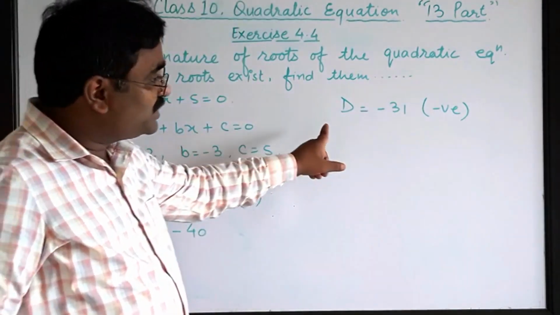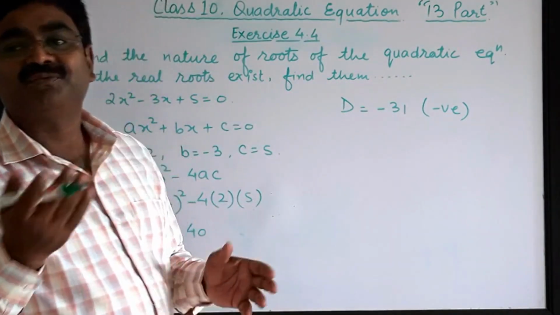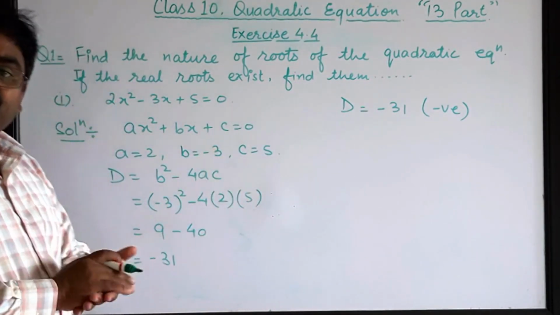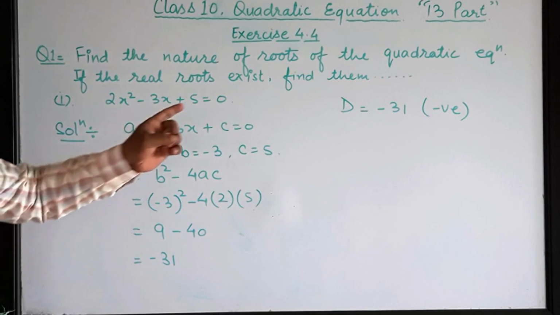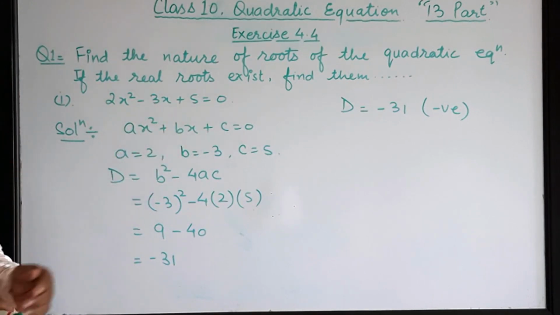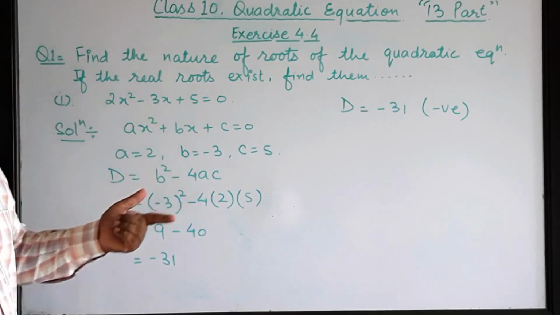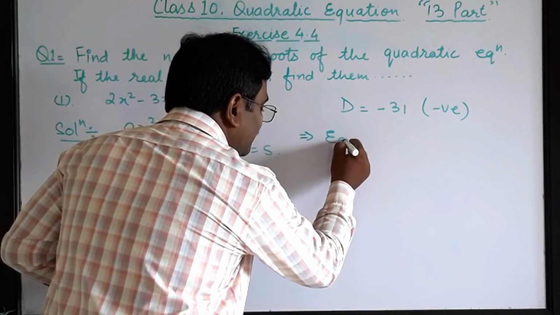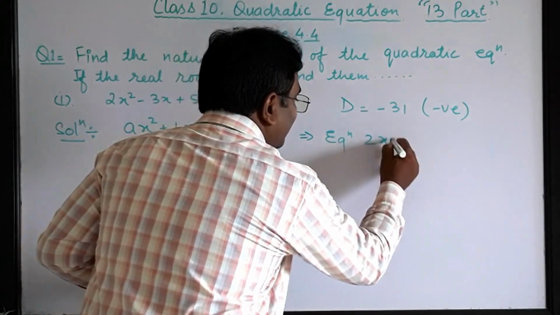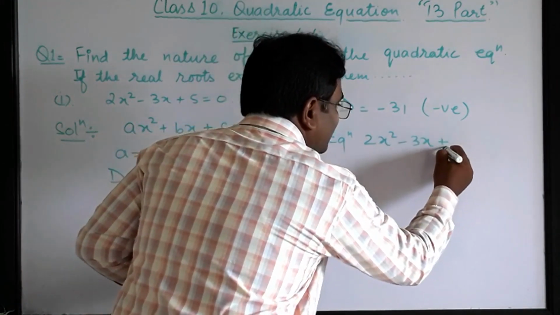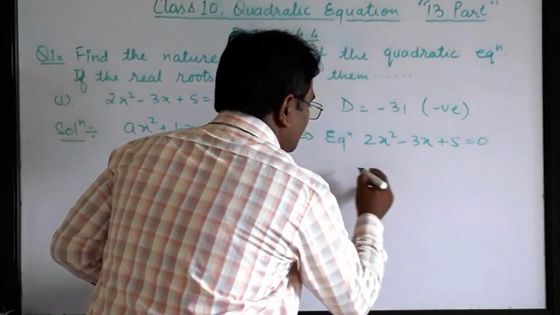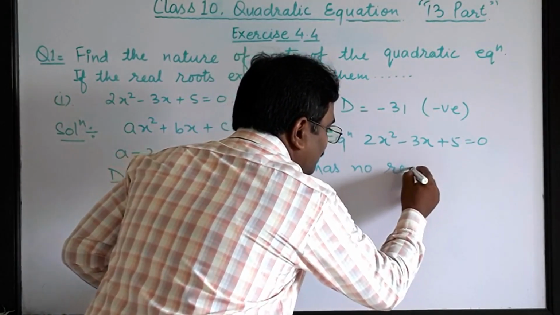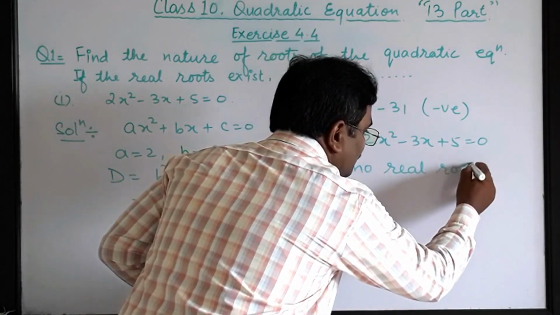As the value of D is negative, the nature of roots is decided. As you have read in the nature of the roots of a quadratic equation, if the value of D is negative, then this equation has no real roots. Therefore, equation 2x square minus 3x plus 5 equals to 0 has no real roots.